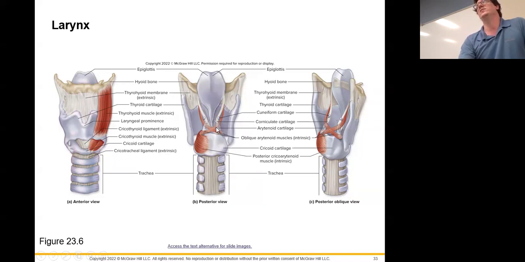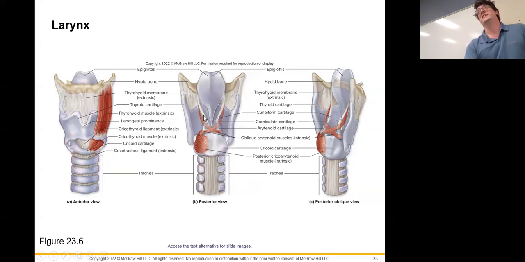These are these tiny little kind of buttons in here, and then wrapping around all of these are going to be some arytenoid muscles. The arytenoid muscles in here are going to help us position and move these arytenoid and corniculate cartilages inside the voice box, which means we can use these to change how large the opening is in between these two little cords.